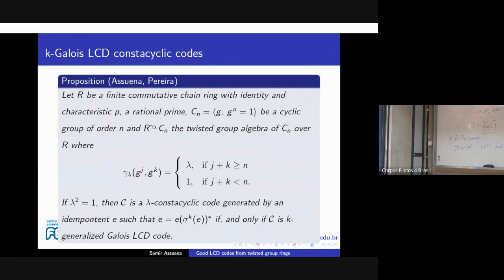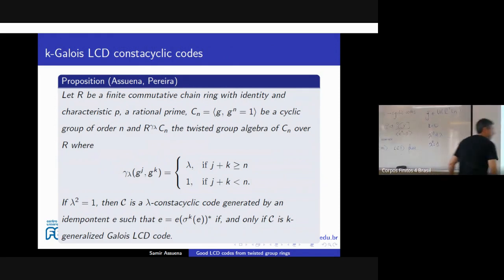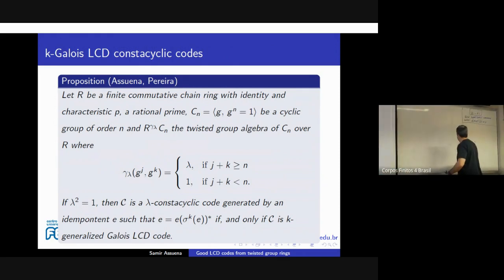And a lambda-constacyclic code here is a k-generalized Galois LCD code if and only if, of course, the code is generated by an idempotent, and this equality holds, and the mapping sigma is an automorphism of the ring R, and we can extend this mapping to the twisted group algebra in this way.